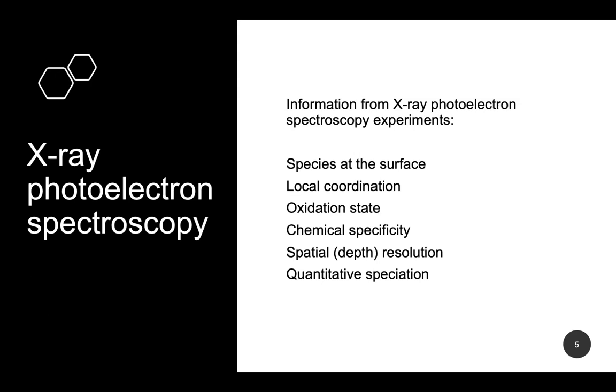It's also appropriate for understanding coordination as well as oxidation state with chemical specificity, because different elements and different oxidation states have different binding energies. Spatial resolution as well, because you can map depending on where you point the X-ray source. Now, I should say there's a caveat, which is you're also limited by the depth that you can access. So depending on what kind of information you want, this technique will have its limitations.